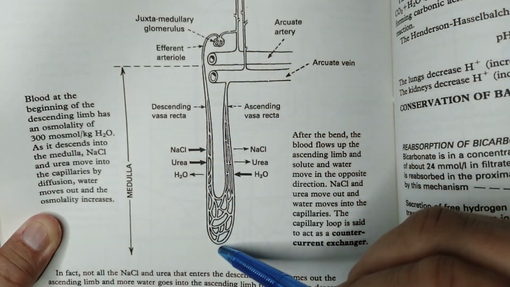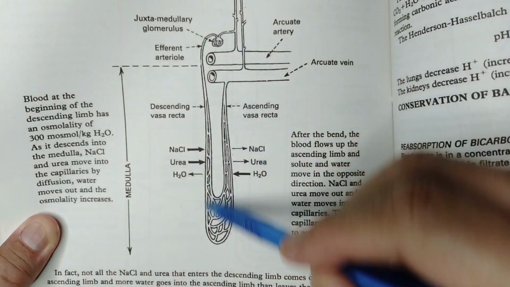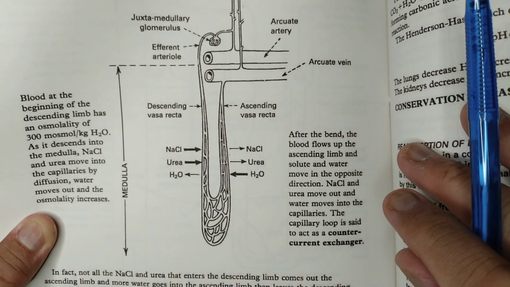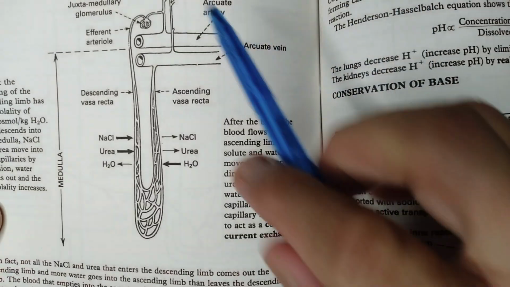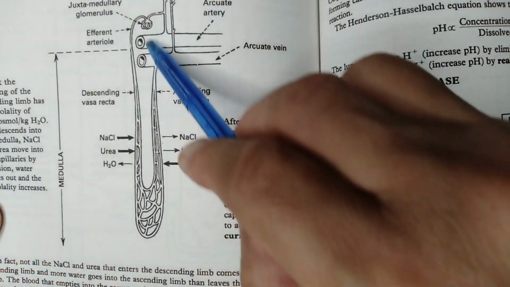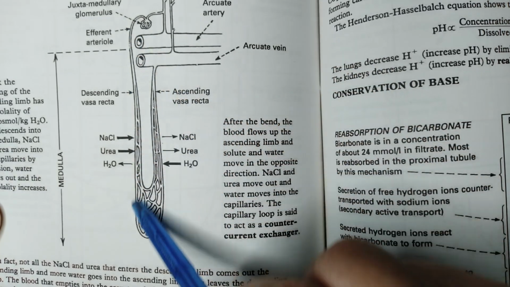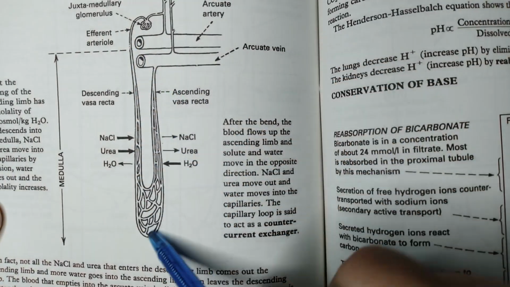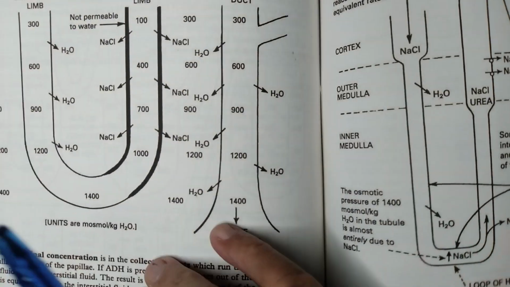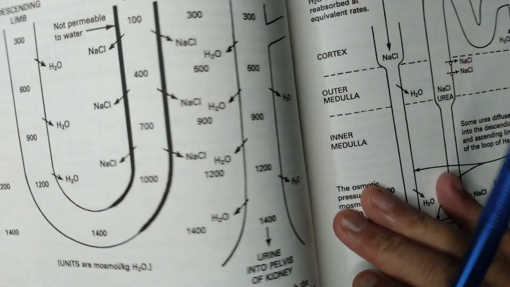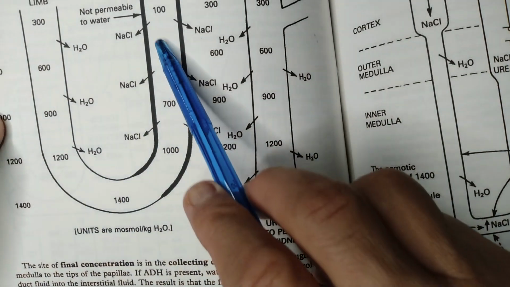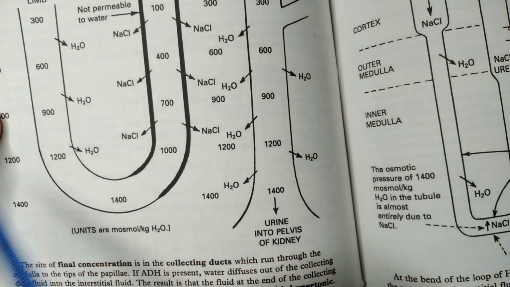They also form loops parallel to the loop of Henle. These come from the efferent arterioles of the juxtamedullary glomeruli, giving rise to these loops of vasa recta. So, moving back, we can see the descending limb of the loop of Henle, the ascending limb, this is blood and the fluid in the lumen.